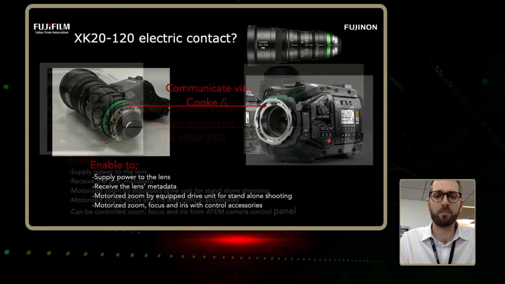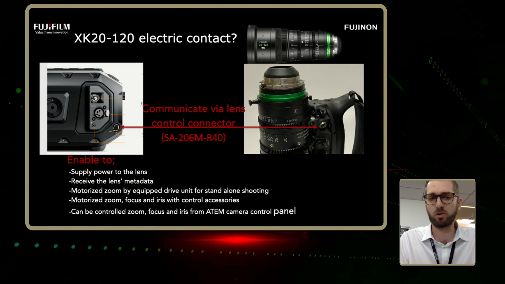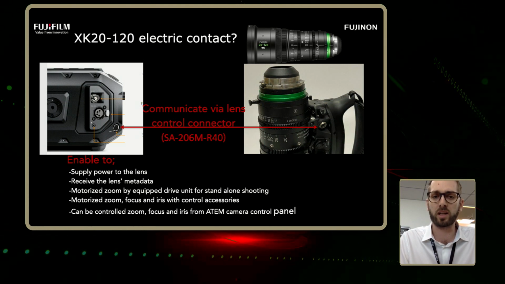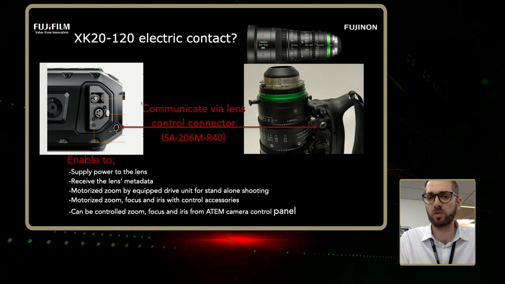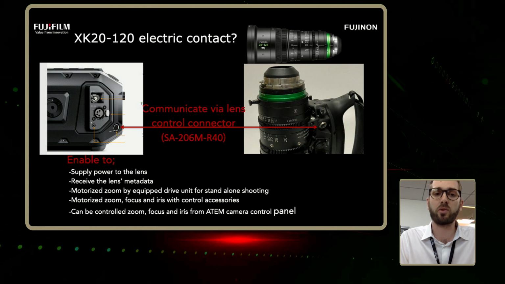So you've got lens control via the connector on the camera as well as the connector on the actual servo unit. If you're using the XK20 to 120 with the servo unit, that connector also allows you to supply power to the lens.